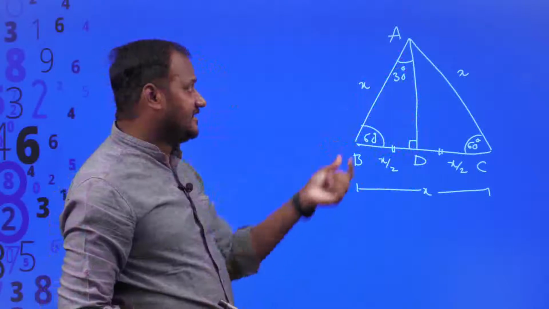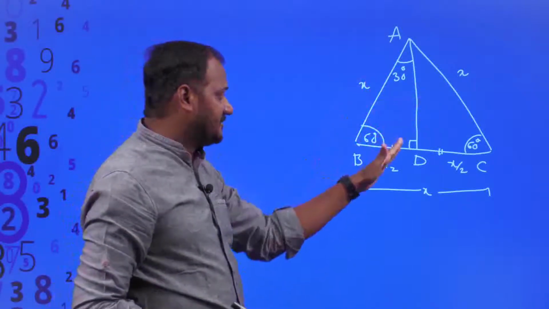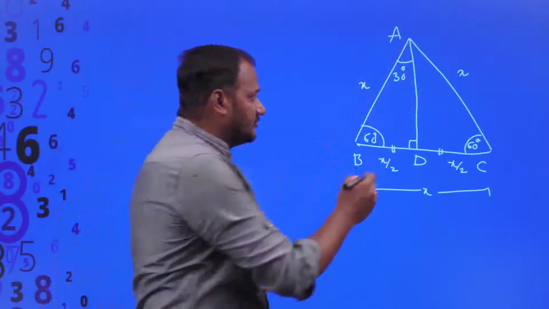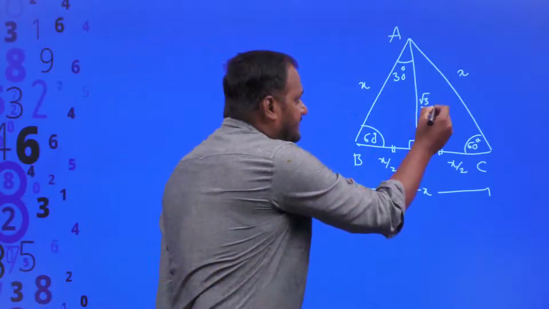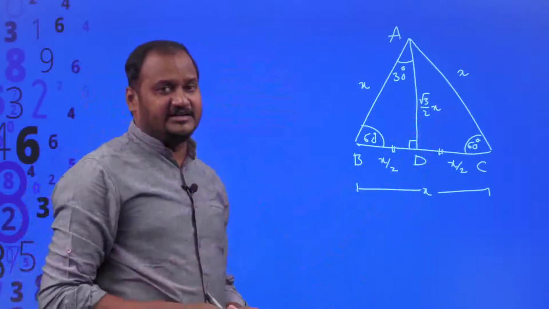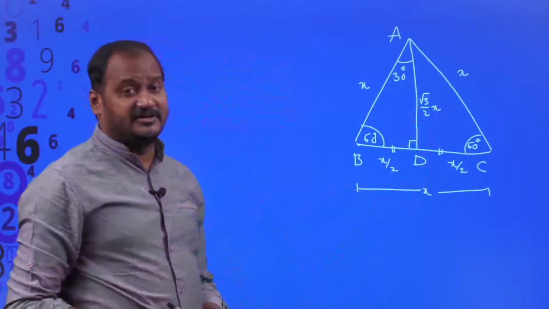Yes, absolutely. Since it is a right angle triangle, hypotenuse square equals side square plus side square, then we get the length of AD is equal to root 3 divided by 2 into x. And moreover, this is a known fact that the altitude of an equilateral triangle would be root 3 by 2 times its side.